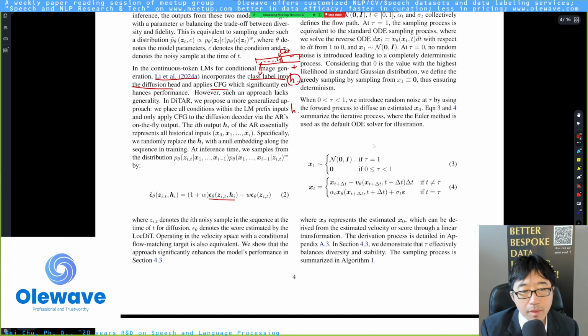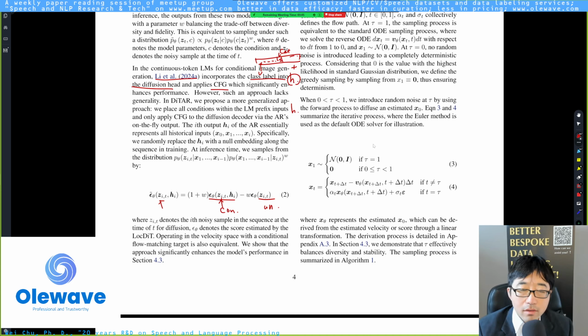See, so the epsilon is something like a score in the diffusion model, and the Z is the noise, right? You want to have the noise, but the noise is sometimes unconditioned or conditioned. Well, this is unconditioned, right? You can see there's no H, unconditioned, and this is conditioned, and you have this omega.